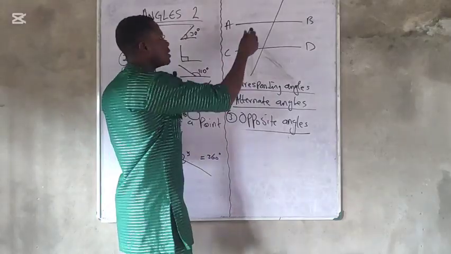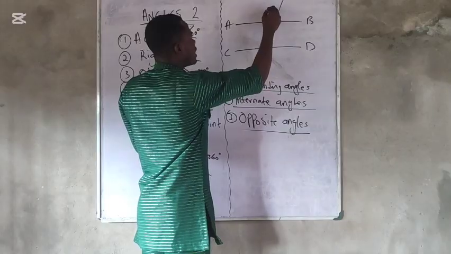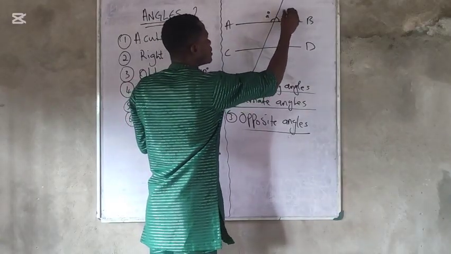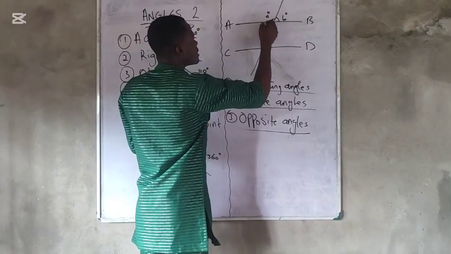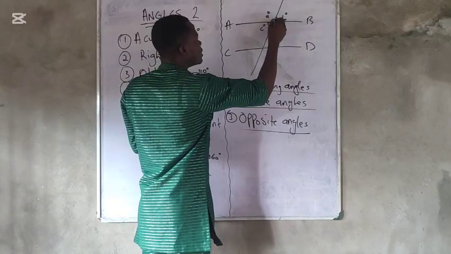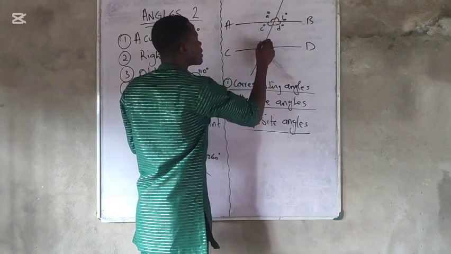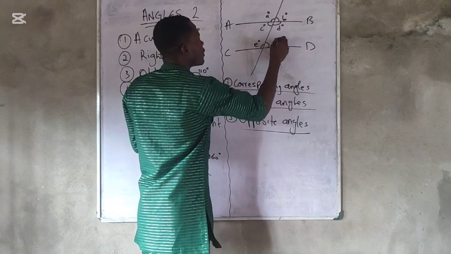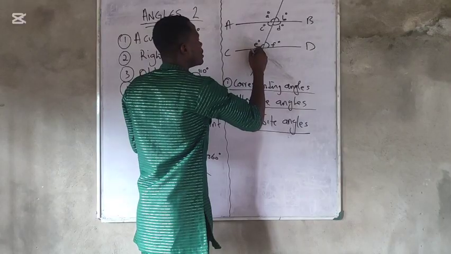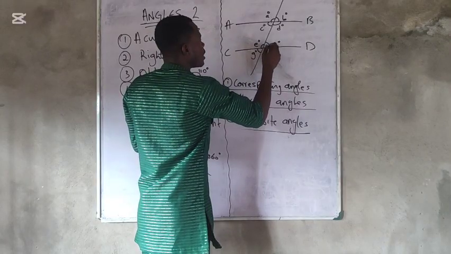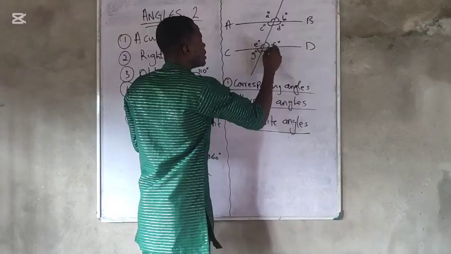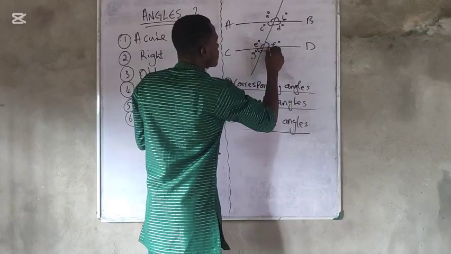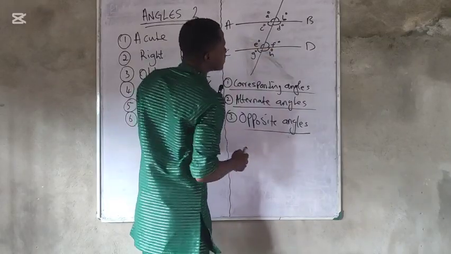Now, let's label it. Given that here is A degrees, this other side is B degrees, and we have our C degrees here, and then this is D degrees. We have E, F, G degrees, and then let's have H here in degrees.